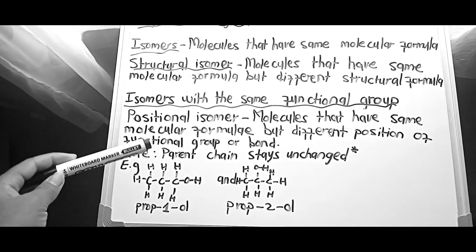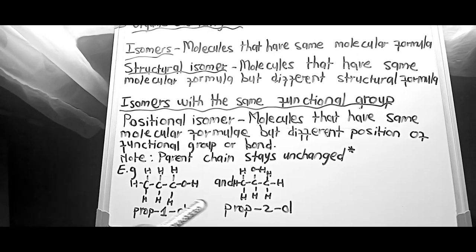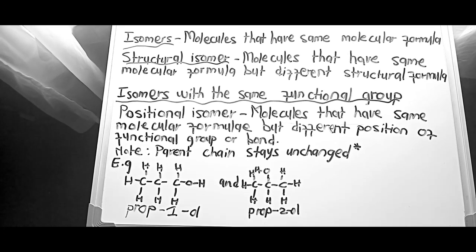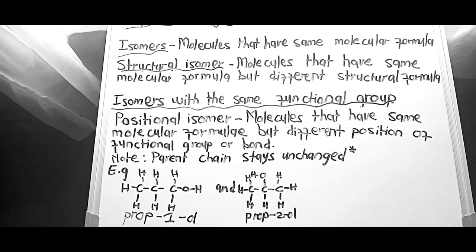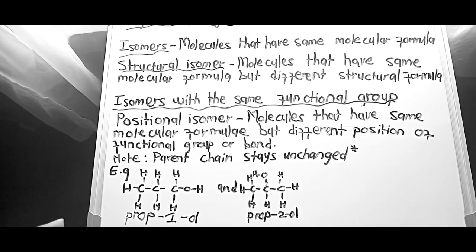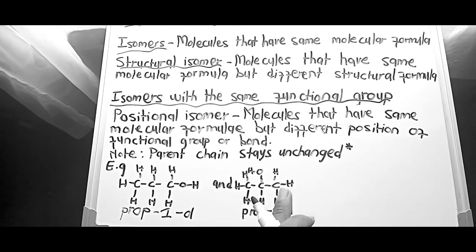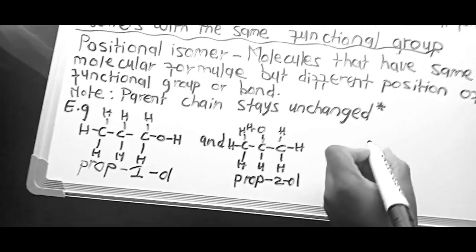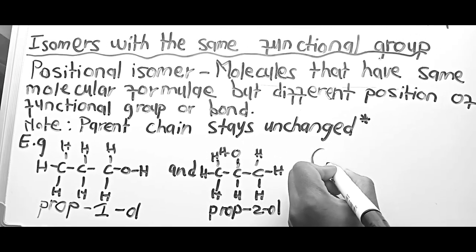Please know that the parent chain stays unchanged. It's 1, 2, 3 and 1, 2, 3. It's prop on this side, and this is also prop on the other side. These two structures are positional isomers because the position of the functional group has changed. On this one, it is bonded on the first carbon, and on this one, on the second carbon. They have the same molecular formula. How so? They both have three carbons, C3.